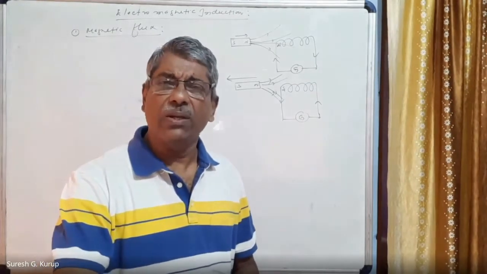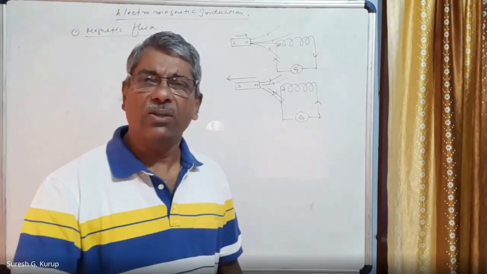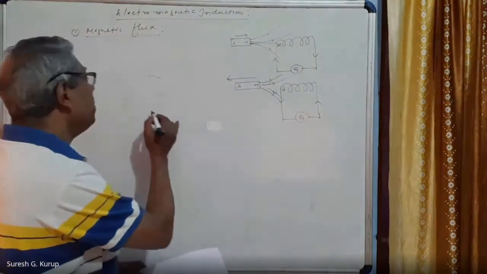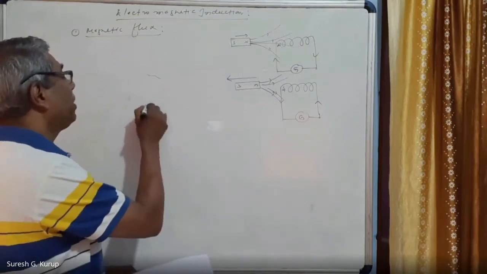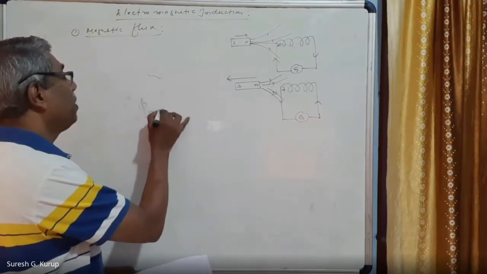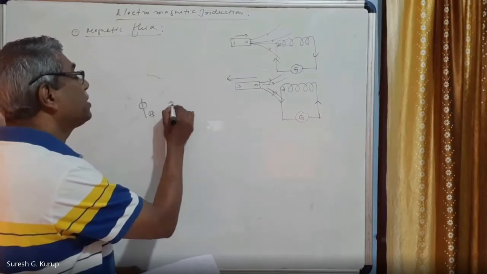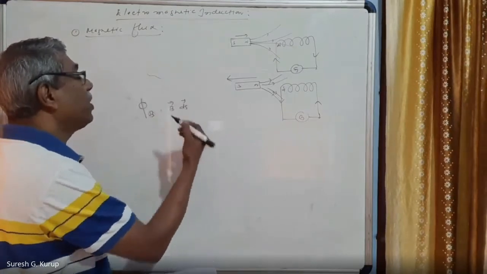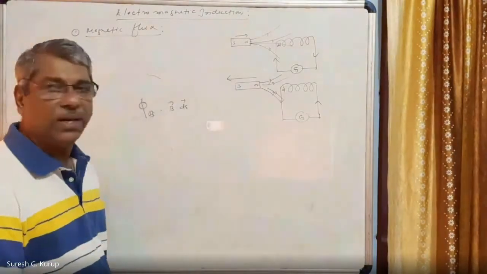As we wrote electric flux as phi E, here you will write phi B. Phi B is equal to B dot ds, where B is the magnetic flux density and ds is the area.